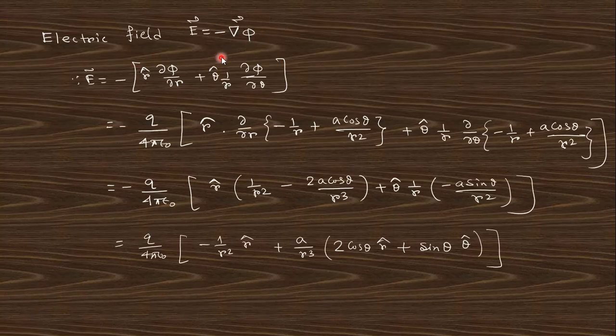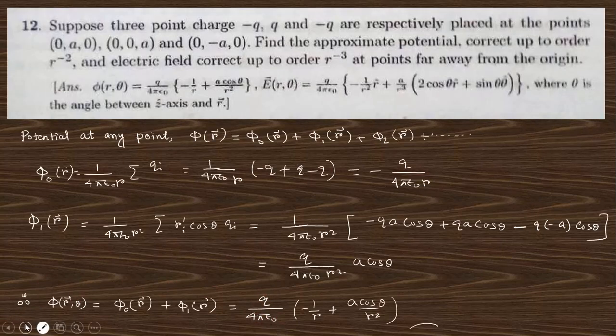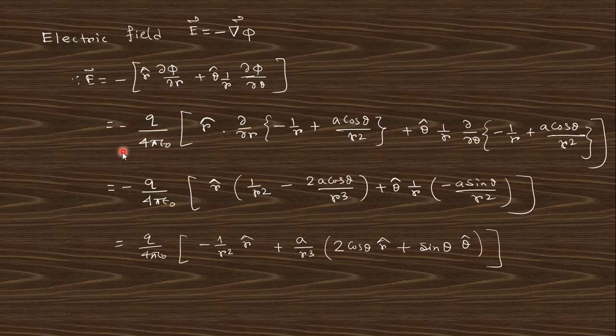Now the electric field can be found from this potential using the formula E equals minus grad phi, and in the spherical polar coordinate system this gradient is r cap del phi del r plus theta cap 1 by r del phi del theta. If you take the derivative, q by 4 pi epsilon is a constant, so take it outside the bracket. Differentiating with respect to r, this is minus 1 by r square, so this is plus, and this will be minus 2 by this.